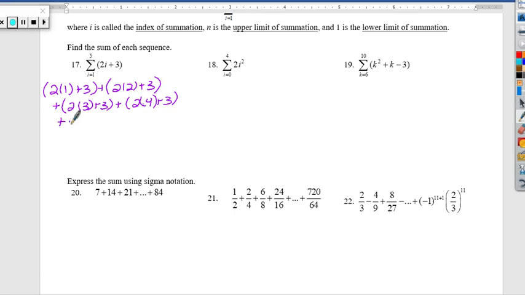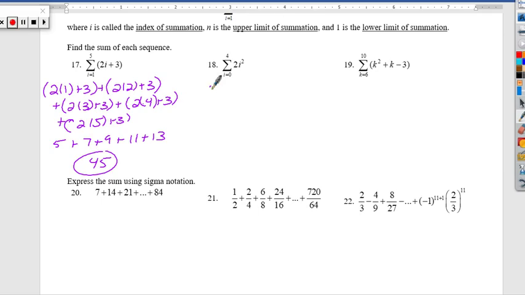Plus, and this will be the last one, 2 times 5 plus 3. Go ahead, we add it all up. We're going to wind up with 5 plus 7 plus 9 plus 11 plus 13, giving us a final total of 45.